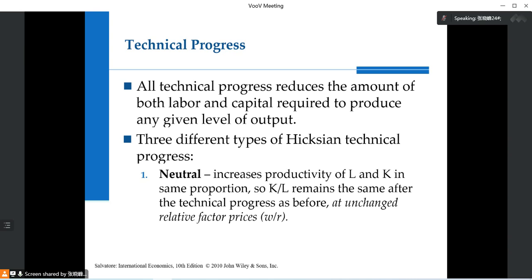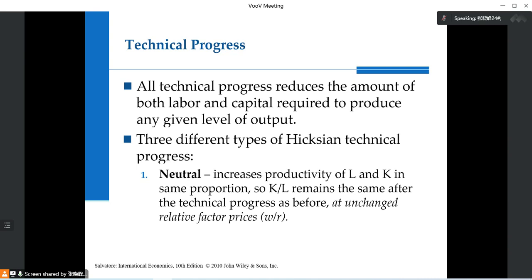That means technical progress plays a very important role in productivity. I think it is the effective production, just because of technical progress.